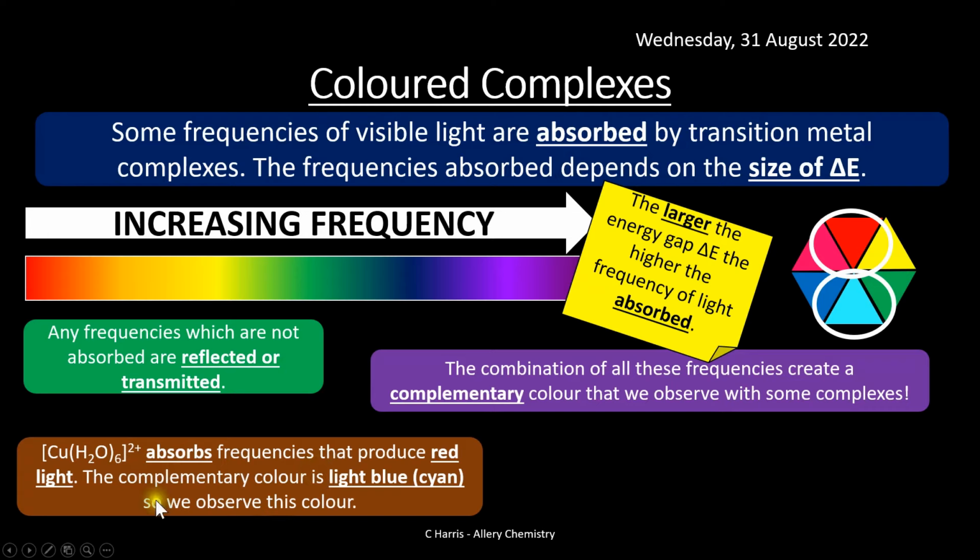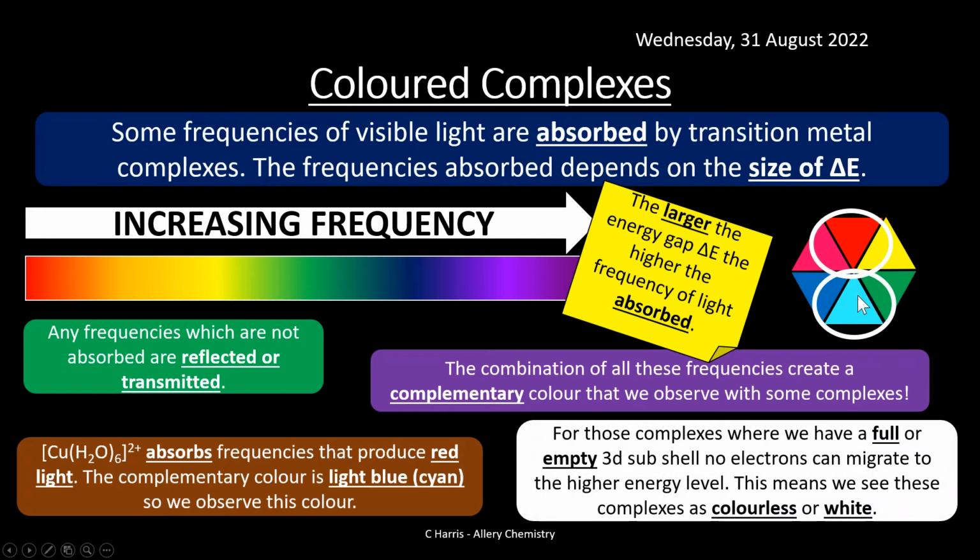And the complementary color, on your color wheel here, is light blue or cyan. And actually, when we look at hexa-aqua copper 2+, we do see a pale blue solution. So it's absorbing this red, but the mixture of all the other colors will produce this cyan color, which is this pale blue. So that's the complementary color.